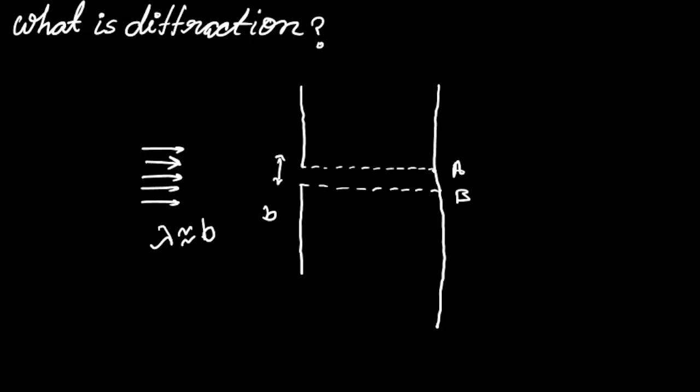Not only will light be confined within this region AB, but it will also go beyond this region. That means light will spread into the geometrical shadow region, and the intensity distribution in the region A to B will not be uniform. It has been observed that the intensity distribution will look like this.